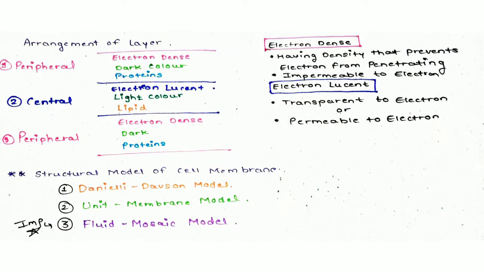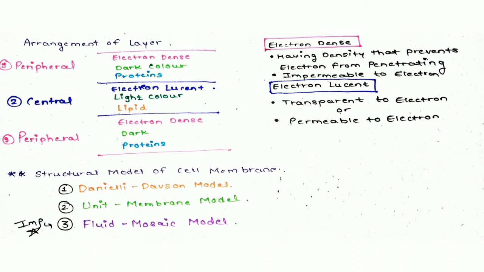We see the arrangement of the layers. The peripheral layers, denoted in pink, are dark colored and usually made up of proteins, and the central electron lucent light layer is made up of lipid.